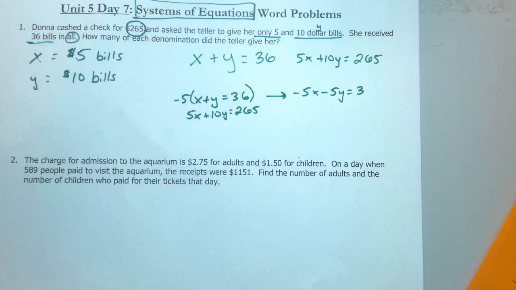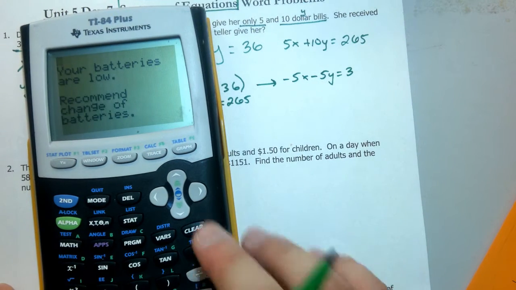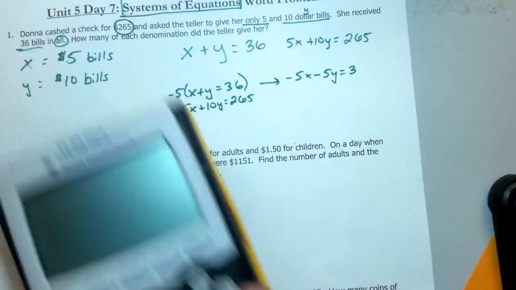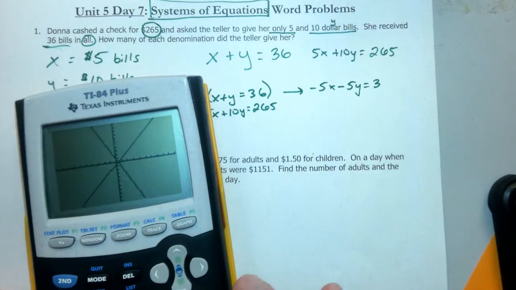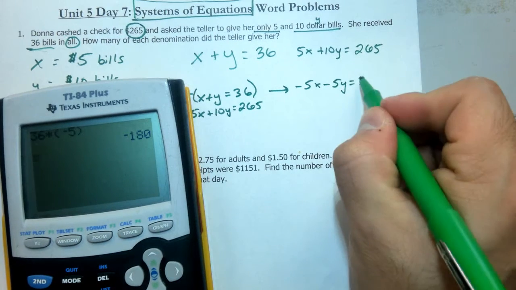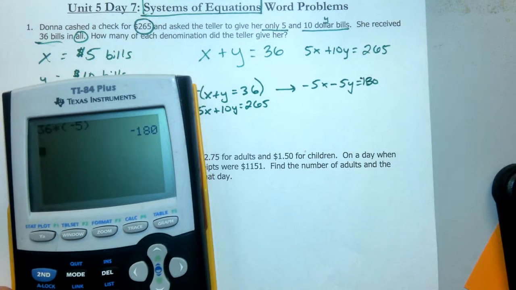Let me take out my calculator, and let's just say 36. Whoops, low batteries yet again. Okay. 36 times negative 5 is negative 180. So this is going to be negative 180.